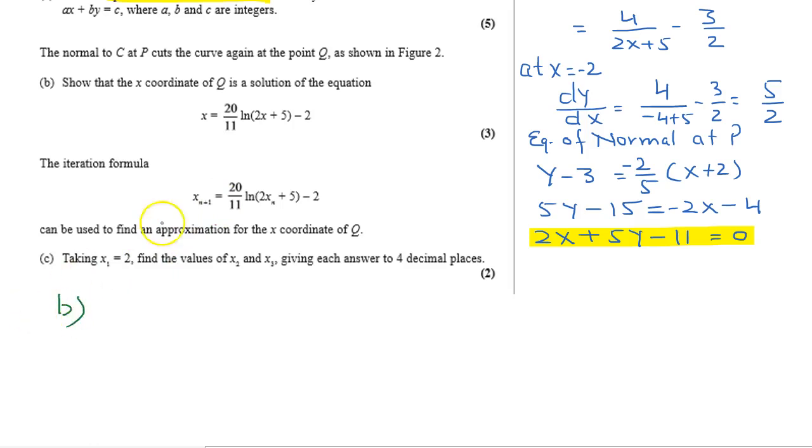Now part B, show that the x coordinate of Q is the solution of the equation. It means we have to find the value of x. Q is on the normal, so we better take the equation of normal.